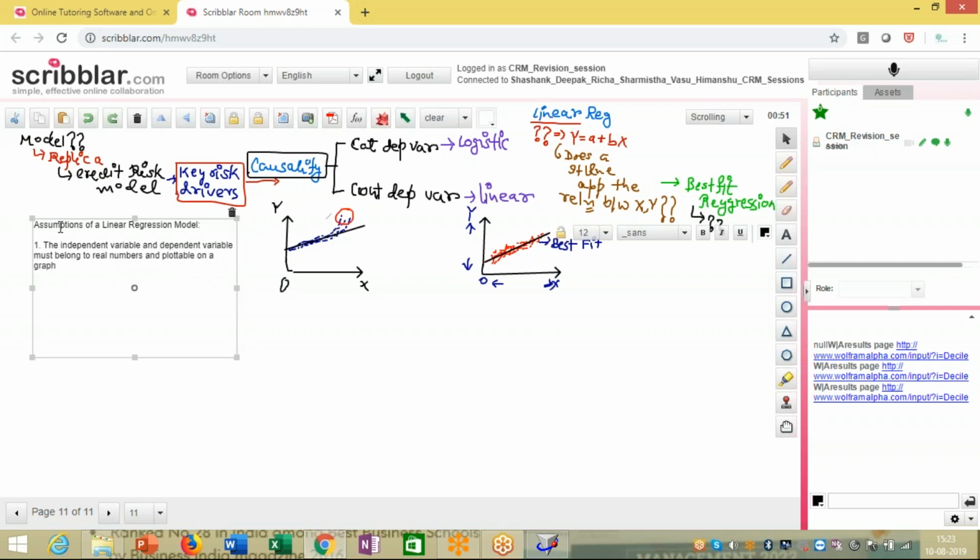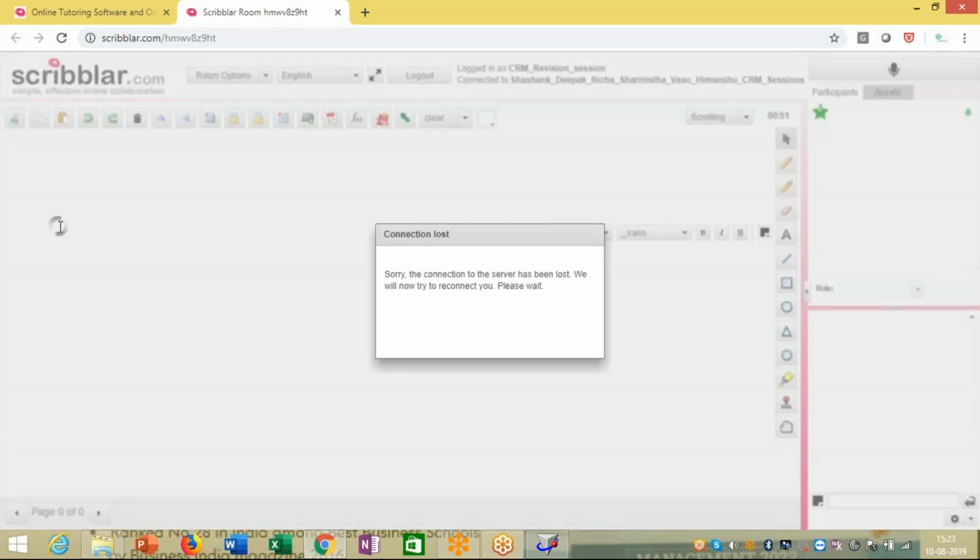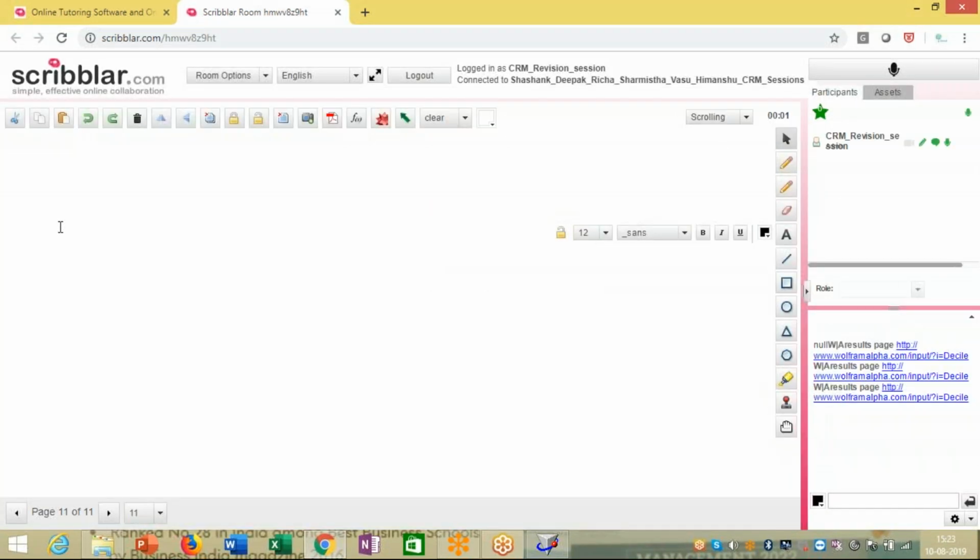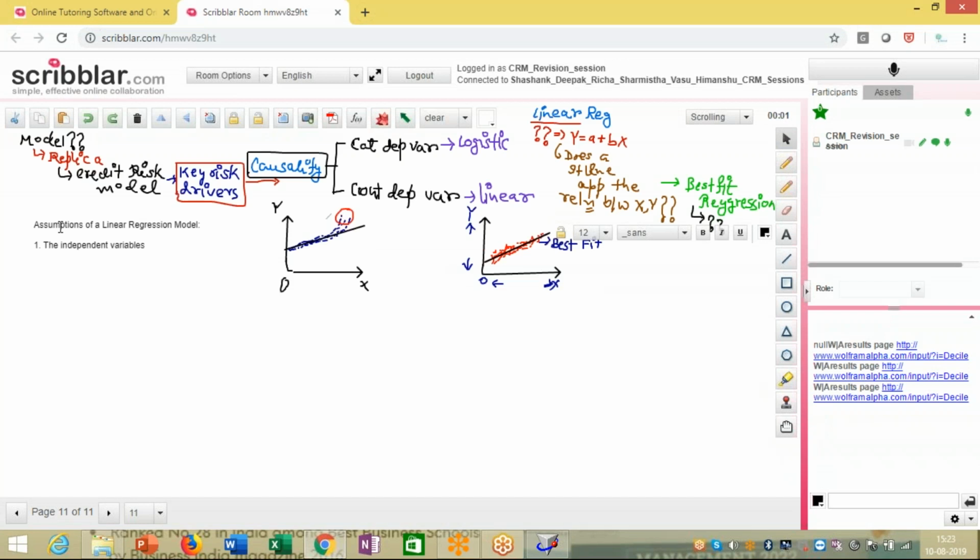So this is a very fundamental assumption. It's a trivial assumption, but it's an important assumption, because if any one of them have imaginary values, then you cannot develop a linear regression model on them. So the independent variable and the dependent variable both must belong to the set of real numbers, right?